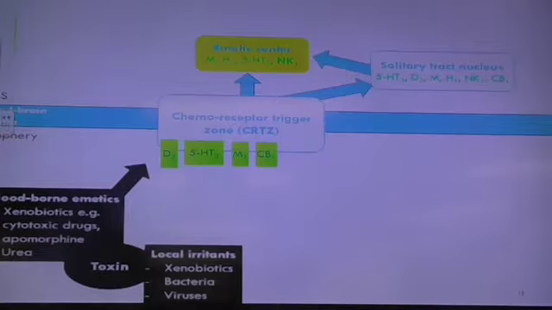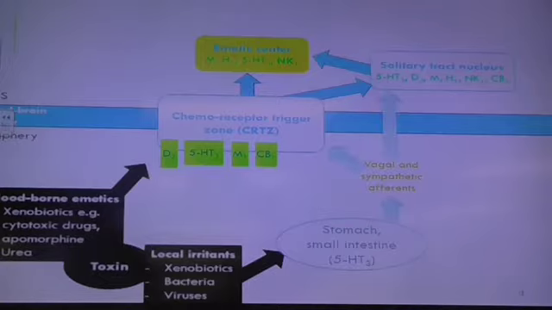The local irritant can be a xenobiotic with extreme pH properties, or a bacterial or viral infection. They irritate the GI tract and send the signal through the serotonin type 3 receptor. The activated serotonin sends the signal through the vagus nerve or the sympathetic nerve to the upper part, which includes the chemoreceptor trigger zone or the solitary tract nucleus, and both of them send a signal to the vomiting center.